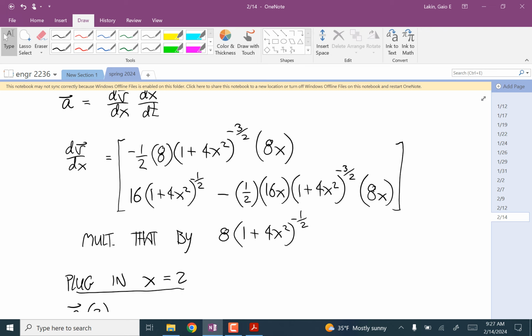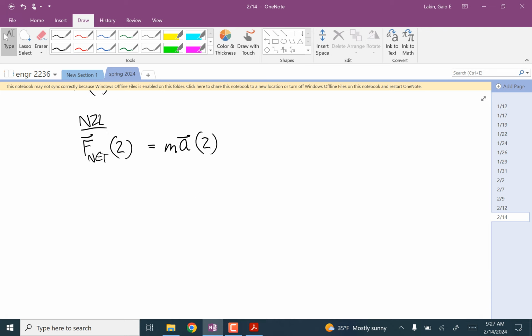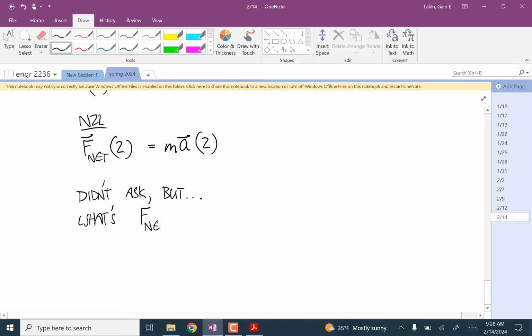What's the acceleration? Let's do this. Nobody asked, but what's F net at x equals 0?